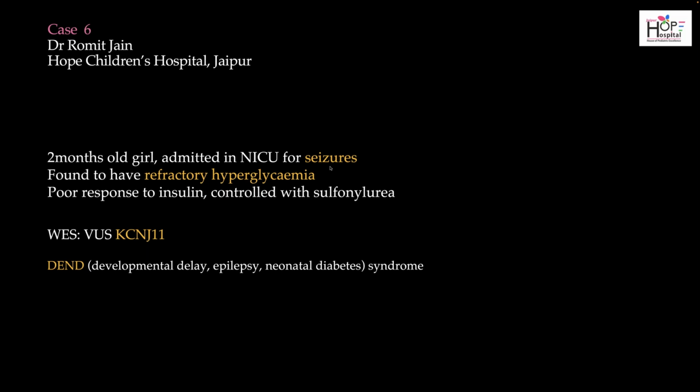Whole exome sequencing was sent and showed a variant in the KCNJ11 gene. So we were clinically thinking of DEND syndrome and had KCNJ11, but the MRI changes, especially the globus pallidus signals, I could not see in the review of literature. So that was a doubt, whether other etiologies, or are we missing something, or these changes have been described, I don't know.